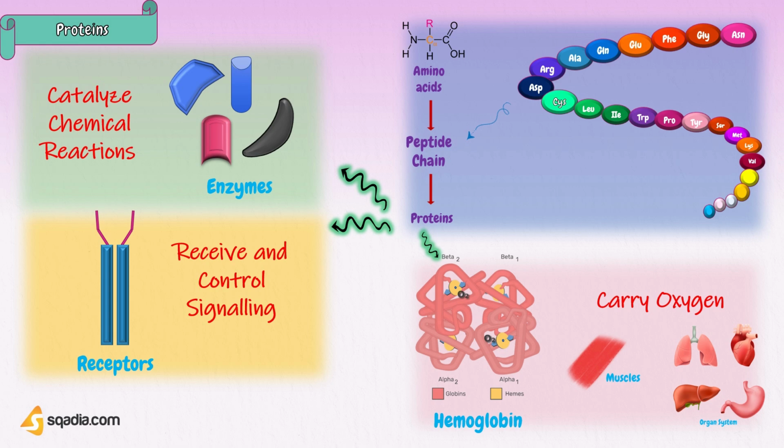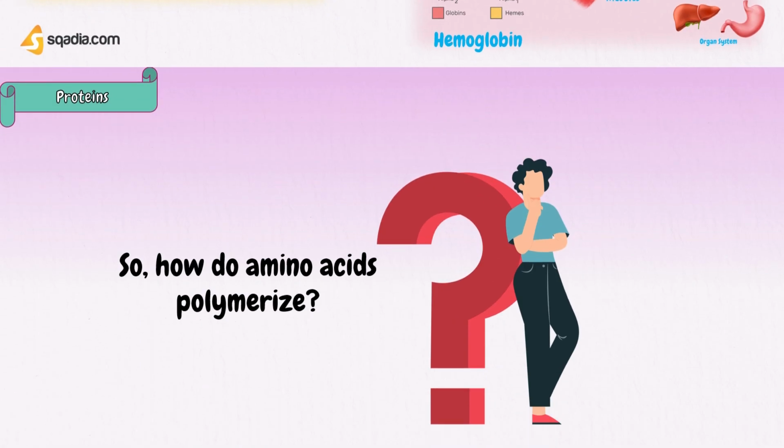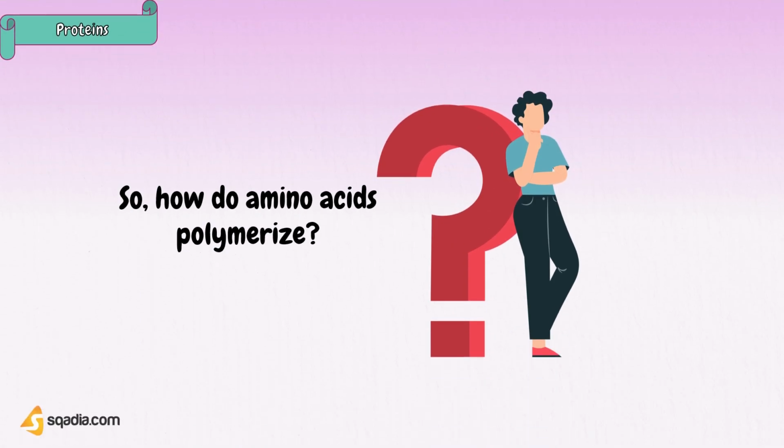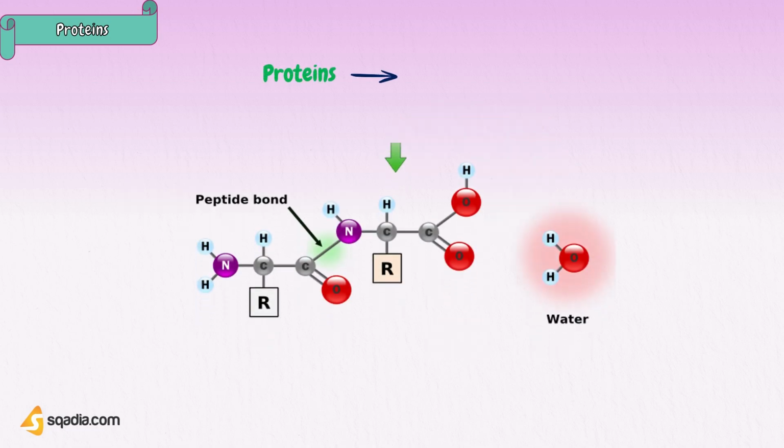To understand their physiological structure, we will discuss how the polypeptide chains are formed to make a protein molecule. So how do amino acids polymerize? This happens when amino acids form peptide bonds with one another, such as the peptide bond between these two amino acids shown here.